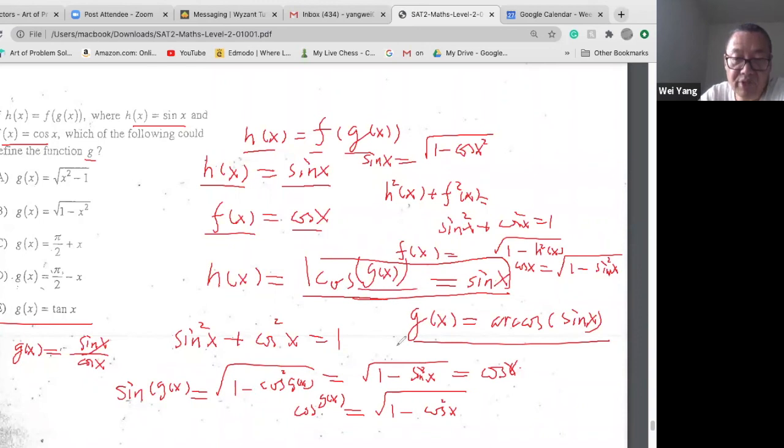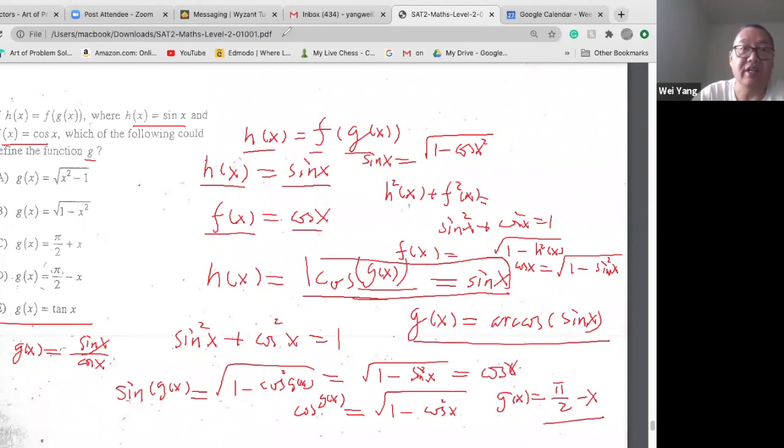So then what should gx be? From here we got cosine gx equals sin x. Then actually gx will equal pi over 2 minus x. When gx equals pi over 2 minus x, then cosine of pi over 2 minus x equals sin x, right?